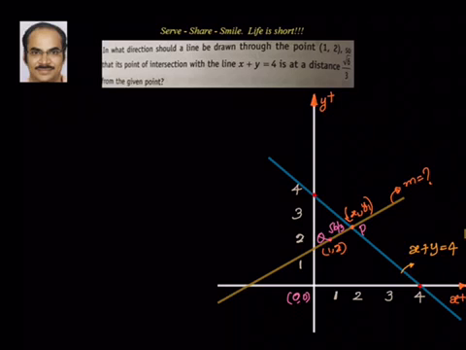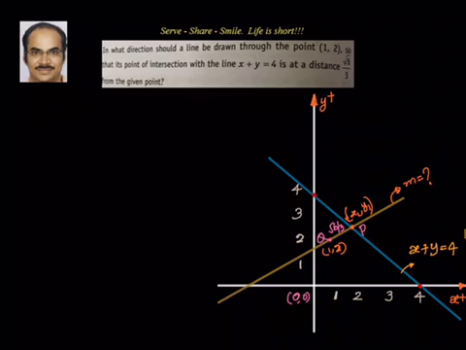Second, we know that the coordinates of Q are (1, 2). We have been given that PQ equals root 6 divided by 3.